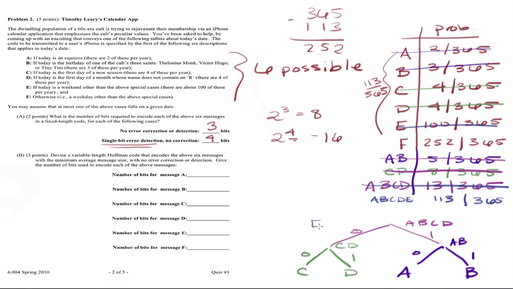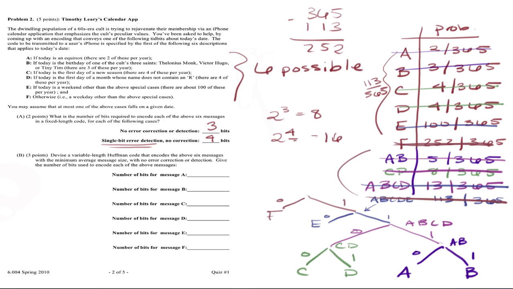So that's ABCDE. And finally, ABCDE and F should come together to make a probability of 1, right? Because F's the final one. So now we have our Huffman tree.